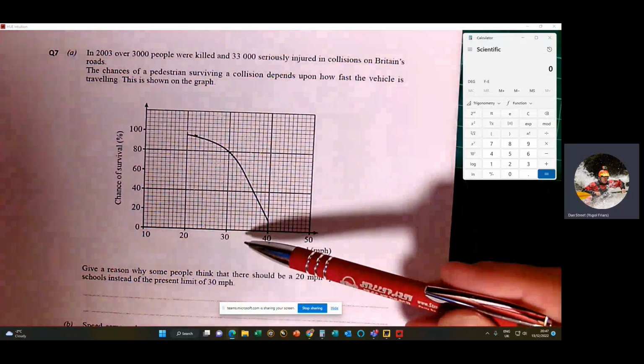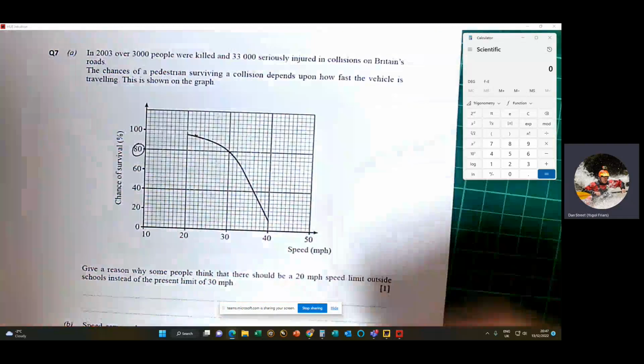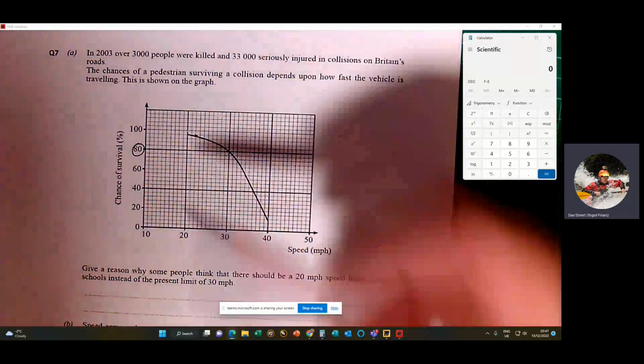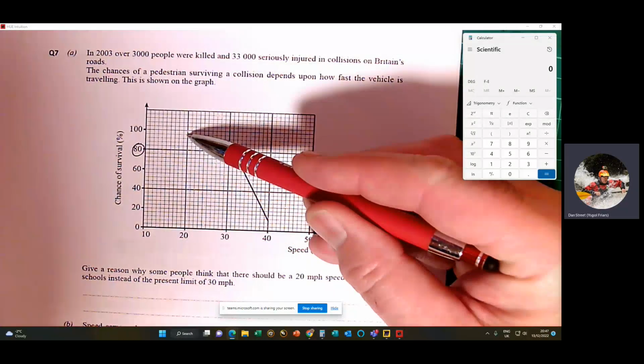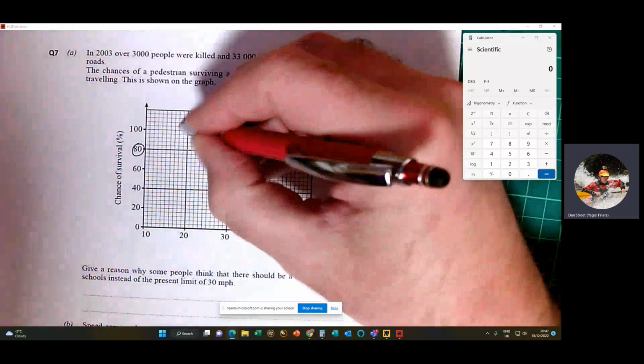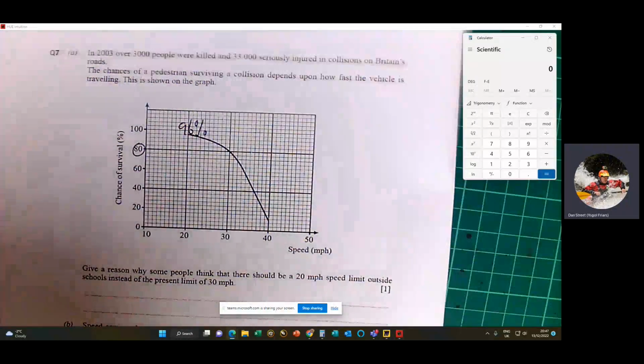So we need to refer to the graph, and we can see that at 30 miles an hour, there is an 80% chance of survival, which is quite good. However, at 20 miles per hour, there is a 96% chance of survival, which if out of 100 people is 16 more people who will survive.